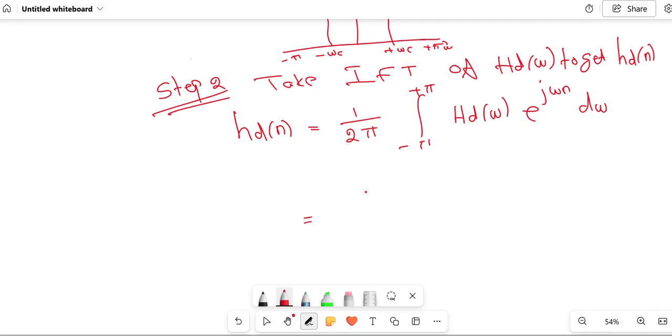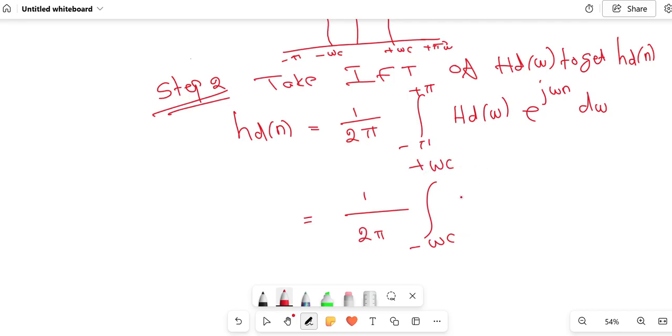Okay, the next step, substitute the limits. What is the limits for a low pass filter here? Minus omega c to plus omega c. So you have to substitute here e power minus j omega alpha into e power j omega n, d omega.